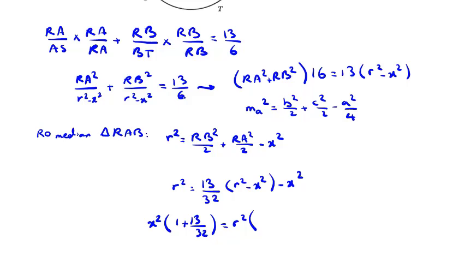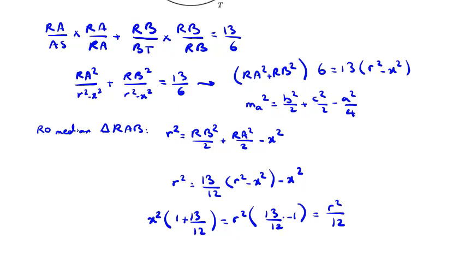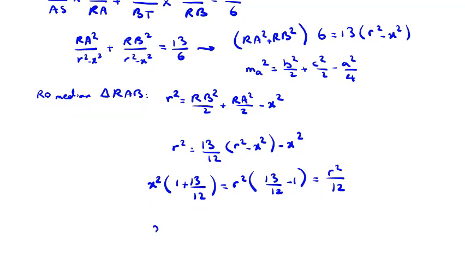I'm sorry, here we have 6 here, so let's correct this, so it will be 13 over 6, here will be 12. 13 over 12. So r squared will be 13 over 12 minus 1, which equals 1 over 12 r squared over 12. If we multiply both sides by 12, then we have x squared times 12 plus 13 equals r squared.